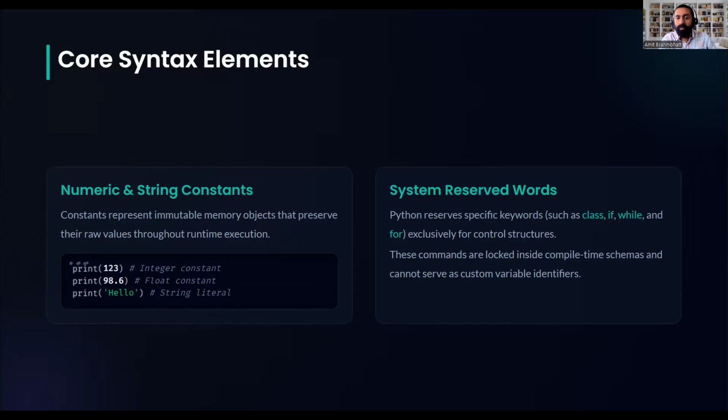As we move forward into writing more complex logic, something we will explore deeply when we interface with control blocks in the next chapter, knowing how to keep your custom variables distinct from these reserved words is going to be your first major coding safety shield.